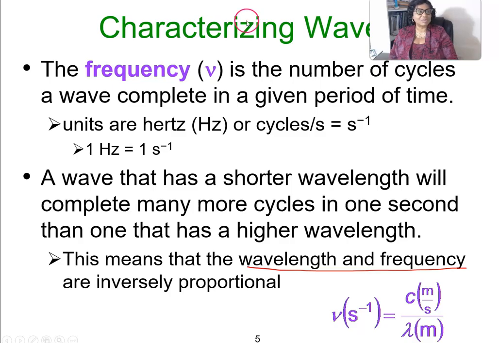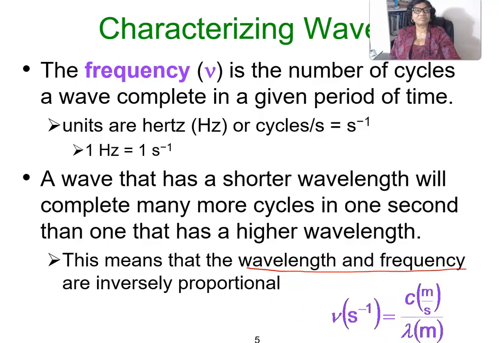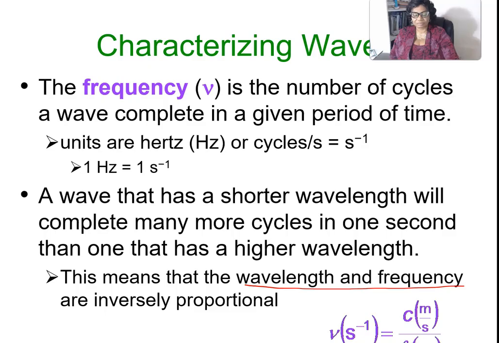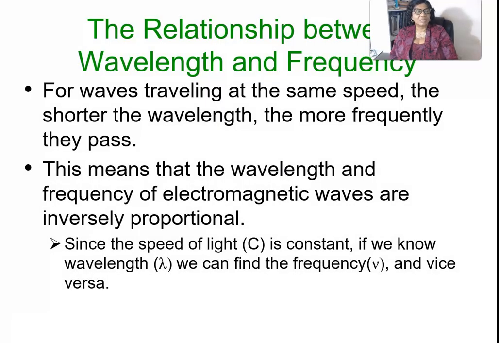We can see the equation here. This is the frequency, this is the wavelength, and this is c, the speed of light, which is constant. So we are still on the relationship between the wavelength and the frequency.